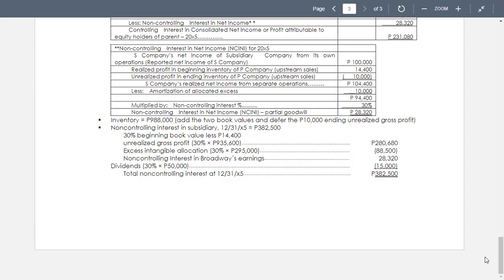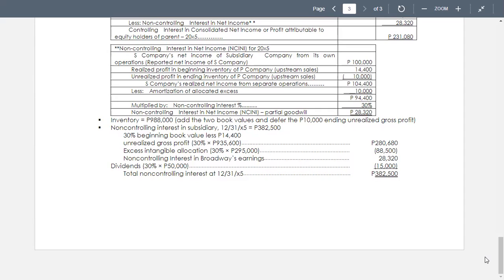Controlling interest in consolidated net income is 240,300. Number 7 is non-controlling interest, 8,700. And number 8, the consolidated net income of the two.